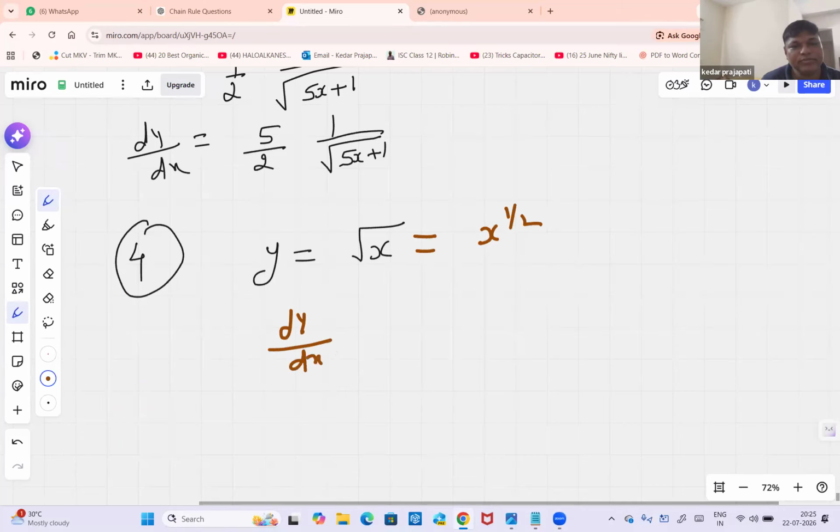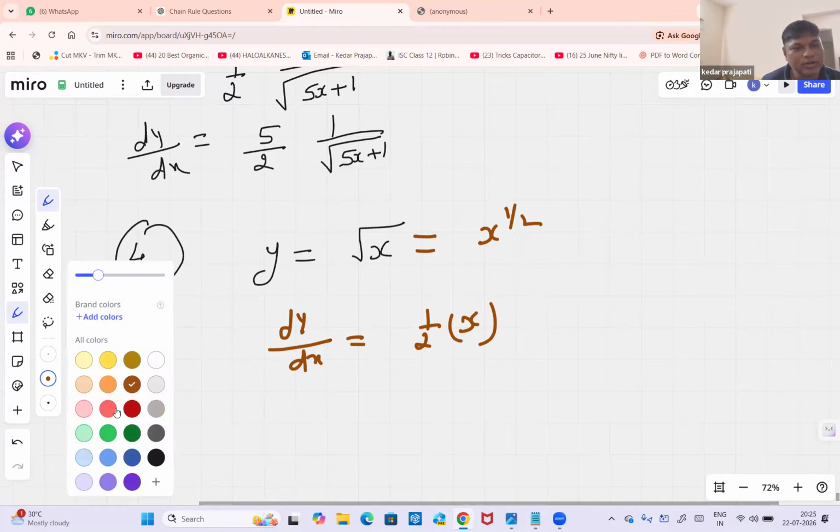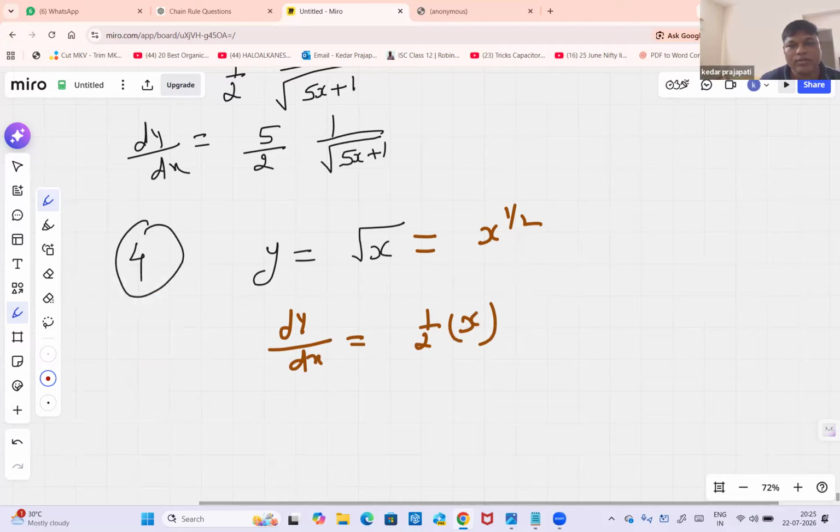So dy by dx will be 1 by 2 x to the power 1 by 2 minus 1. Right? Now x is nothing here, d by dx of x, inside only x is there.